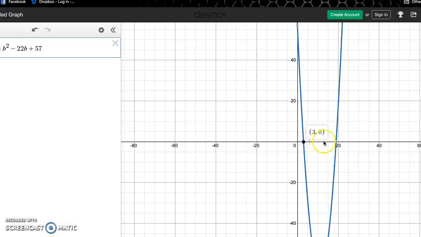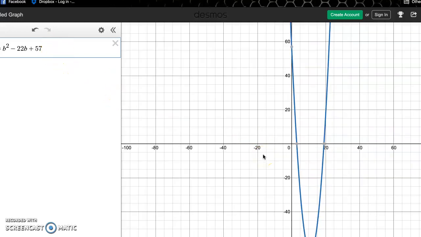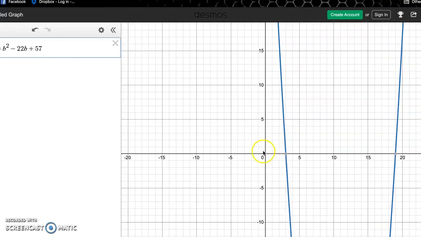Again, I have 2 answers that will solve this equation. The first answer, since that's my x coordinate and that's my y coordinate, as well as this is my x coordinate and my y coordinate, and it goes through the x graph.